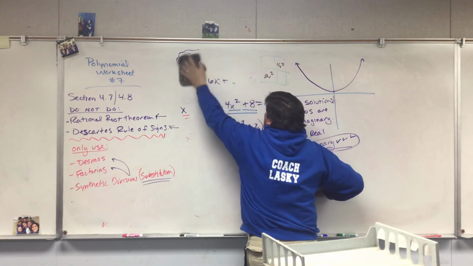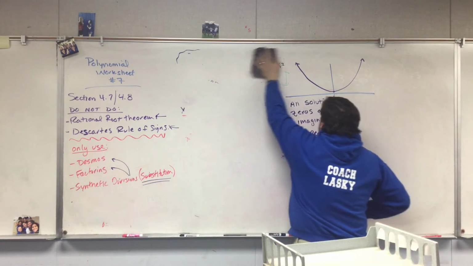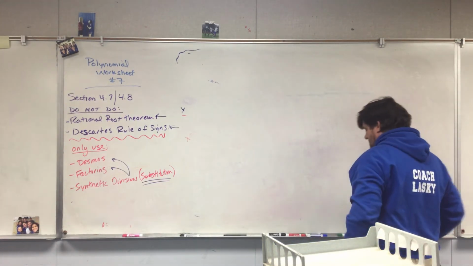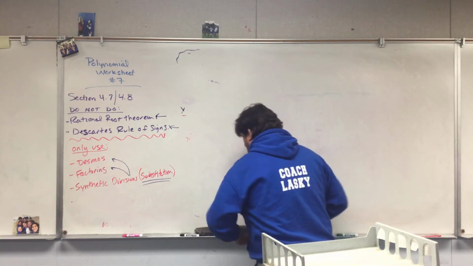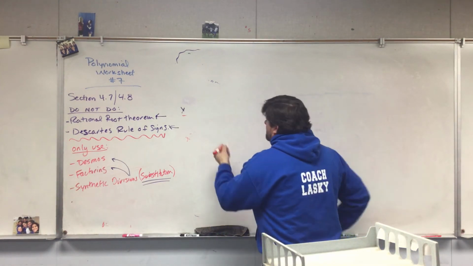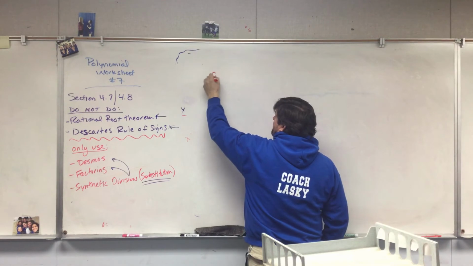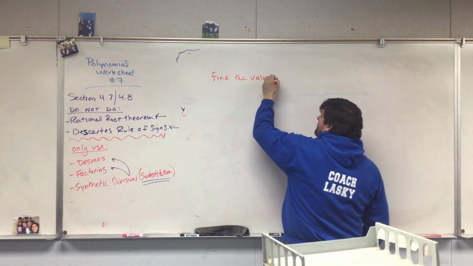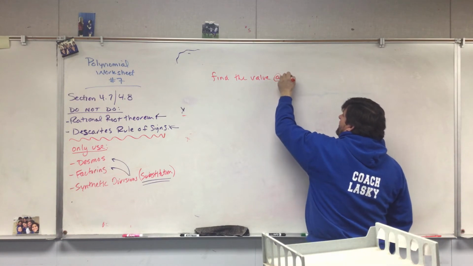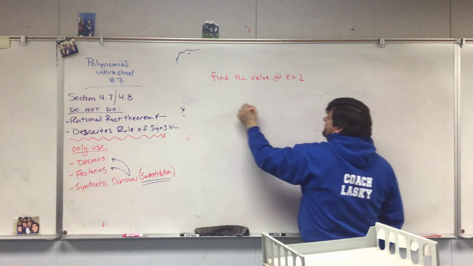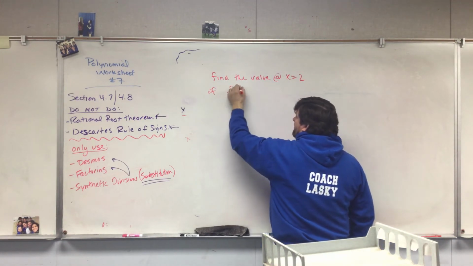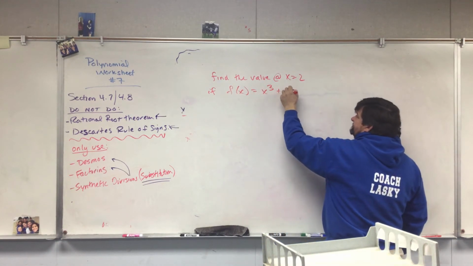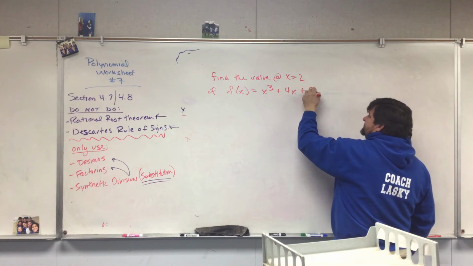Now, if we work our way forward and we say, okay, well, let's say find the value at x equals 2 if f of x equals x cubed plus 4x plus 2.